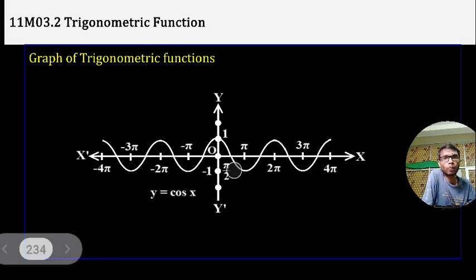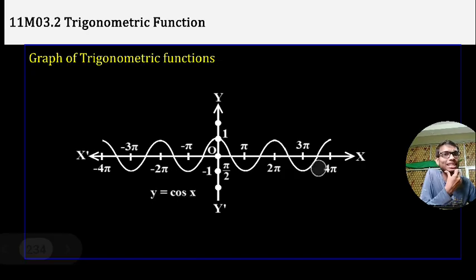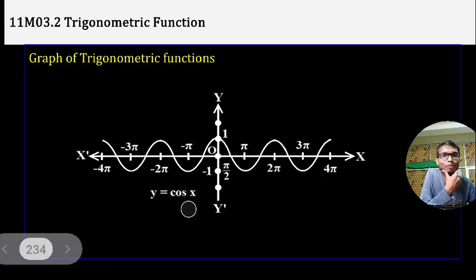For example, here x is 0. When we enter 0 as an input, we know that cos 0 is 1. All these are in degrees, all these are in radians. So cos 0 degrees will give us 1. We know that.